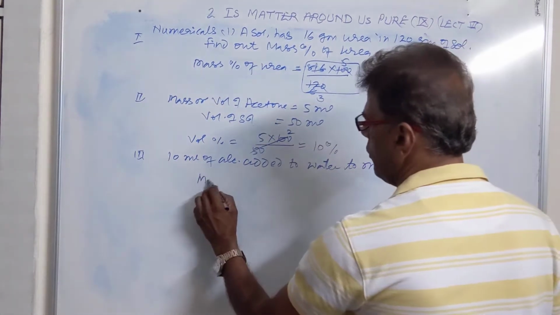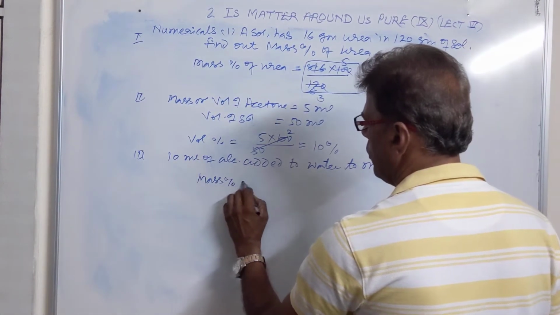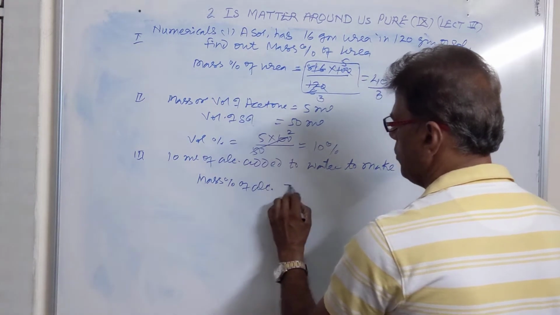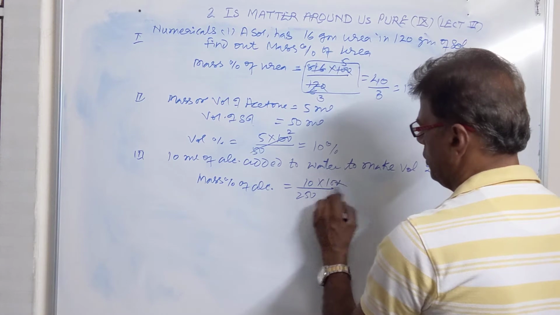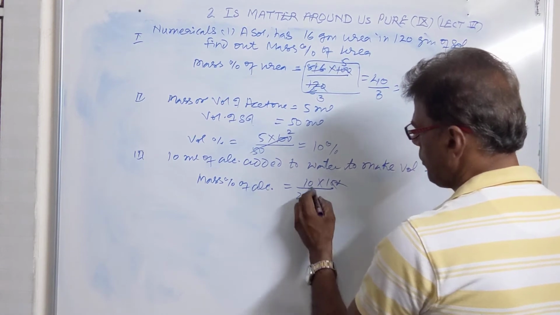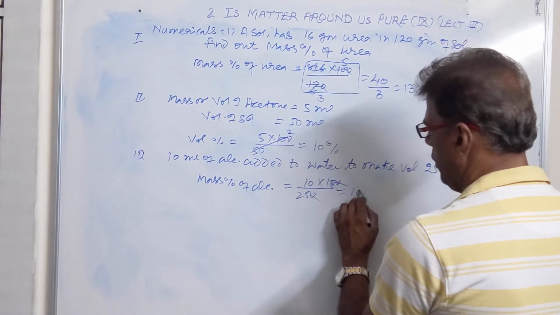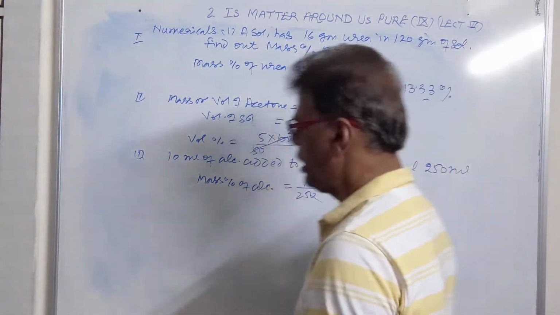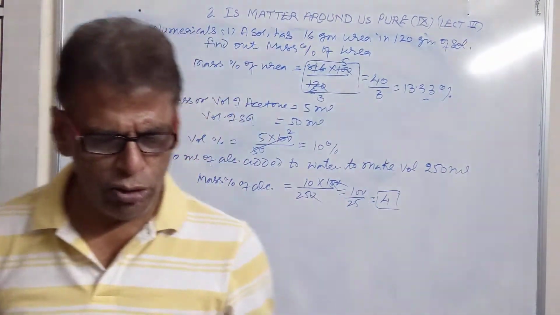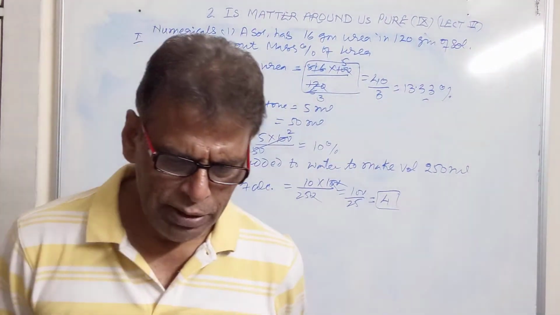The percentage of alcohol is given by 10 upon 250 multiplied by 100. That is 100 upon 25, so you get 4. This is the volume percentage of alcohol in the solution.